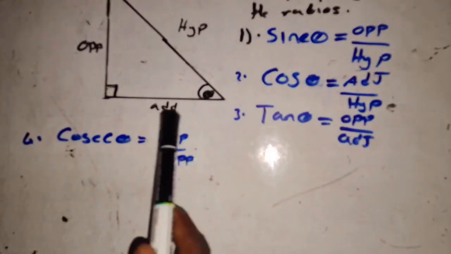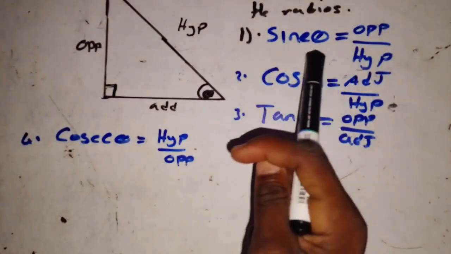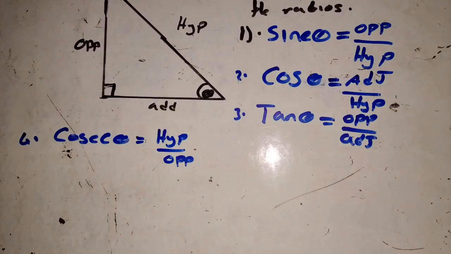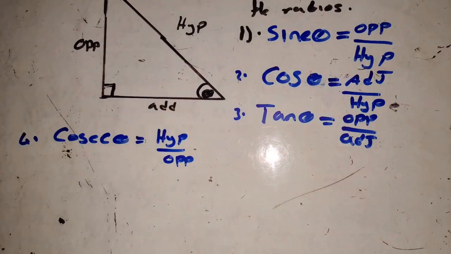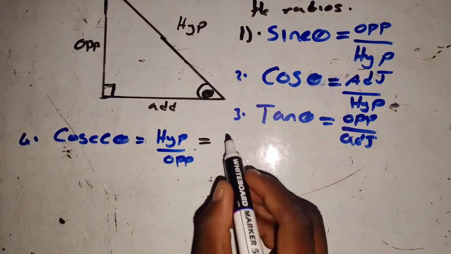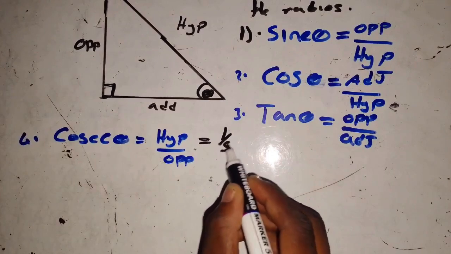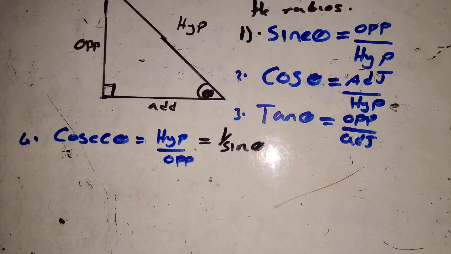These are almost the same, but they are just swapped. Here on sin theta we have hypotenuse down and opposite up, but here we have opposite down, hypotenuse up. So this can also be written as 1 over sin theta. So cosec theta is the same as 1 divided by sin theta.